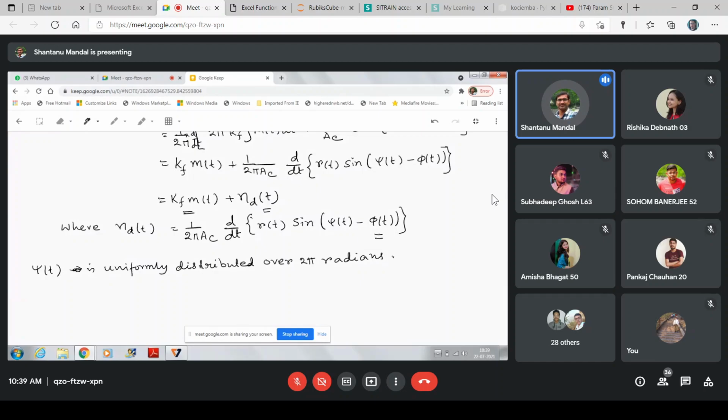The presence of phi t produces a component in the power spectrum of the noise, so when we determine the PSD of the noise, it can also produce some component. This component will be eliminated by using the low pass filter. Psi of t is uniformly distributed over 2 pi radians.